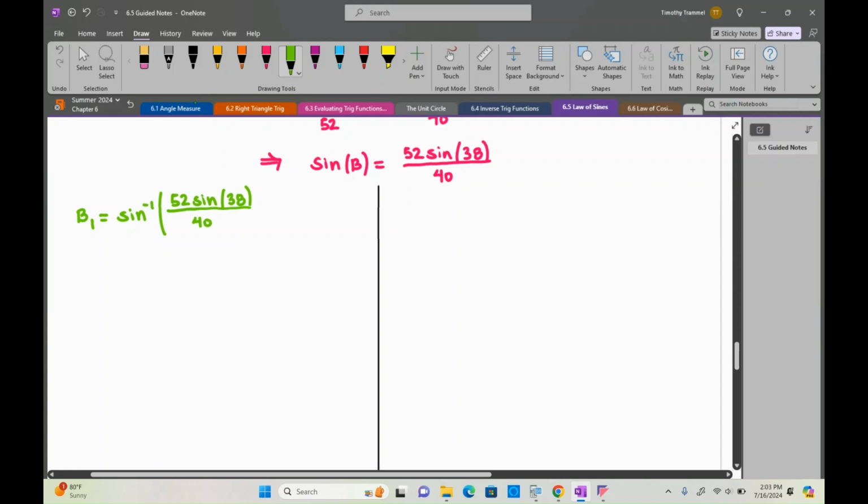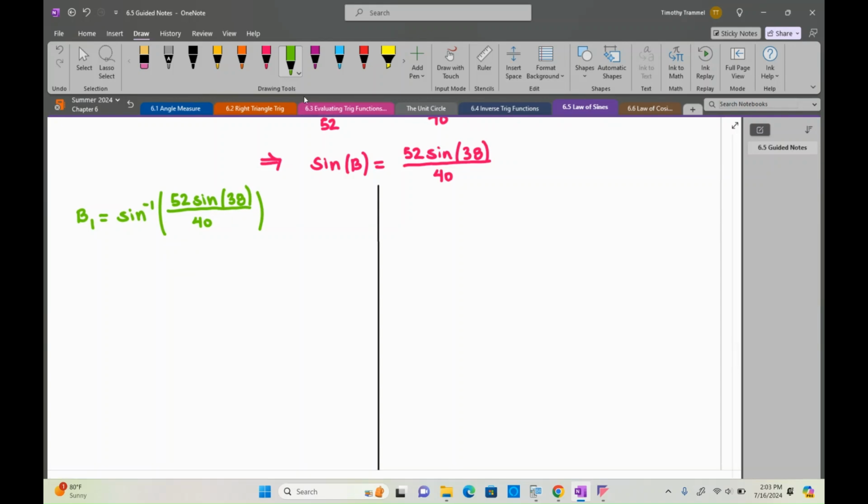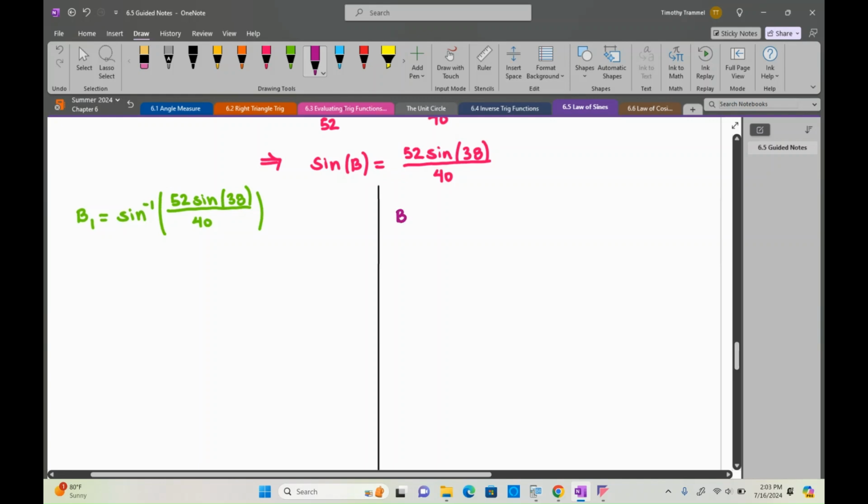This gives me the possibility for the acute angle. On the other side, we're going to write down what it would look like if we got the obtuse angle. Remember, to get the obtuse angle, you do 180 minus sine inverse of, for us here, 52 sine of 38 divided by 40.